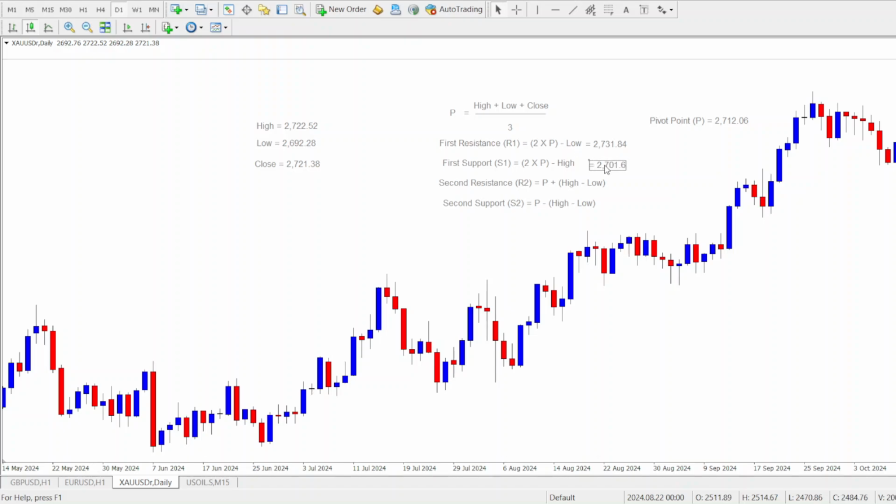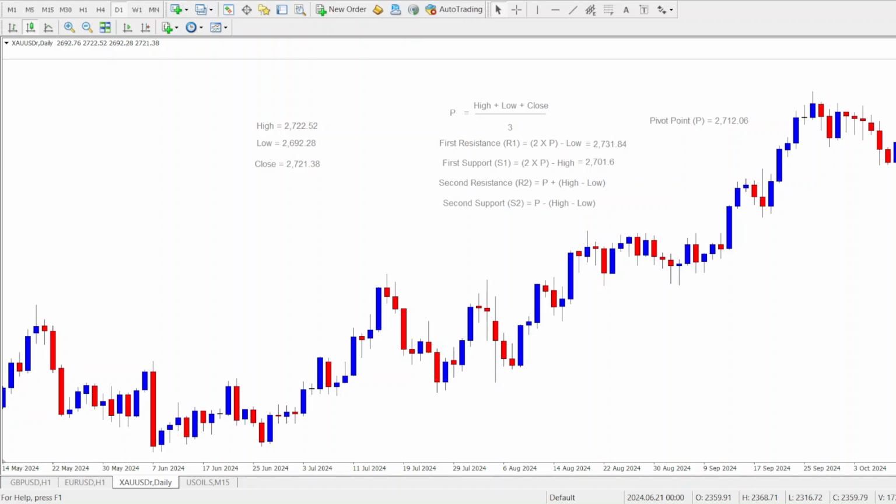Now let us calculate the second resistance. Our second resistance is P plus high minus low. So our high is 2722.52 minus our low, 2692.28.